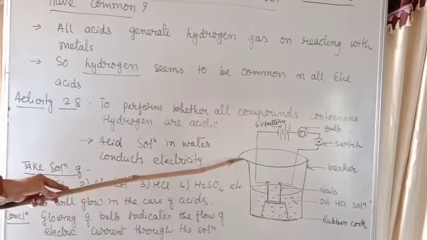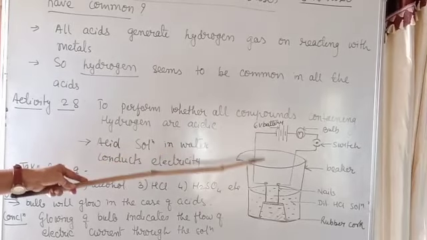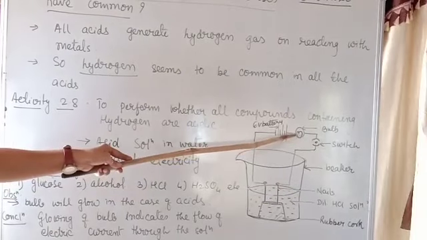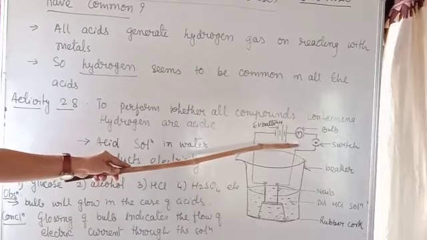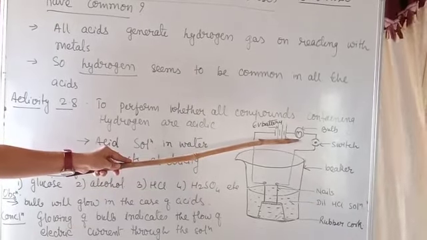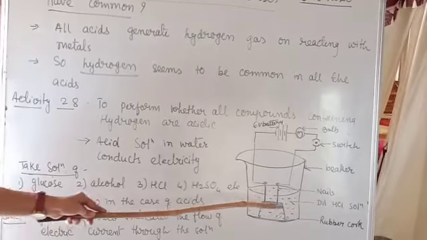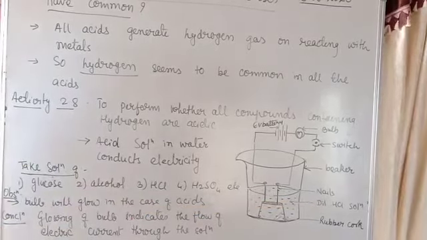These 2 iron nails are connected with the terminals of a 6 volt battery, with a bulb and a switch. The bulb is to detect whether current flows or not. The solution shown right now is dilute HCl solution.